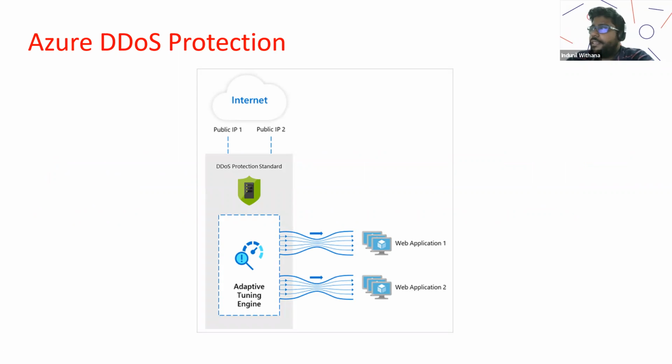As you can see, the web applications are deployed here, and there can be requests coming from the public internet. You will have the DDoS protection standard with tuning, so it will understand if there is an increase of inbound traffic, monitor and adapt, and make sure your application will not run out because of these problems.